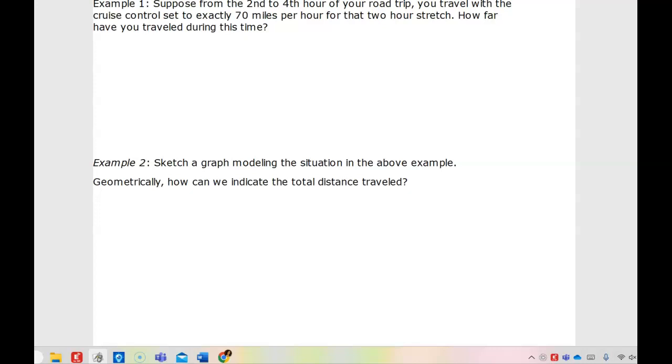If you think about your pathway, I don't know what I'm doing before I get to cruise control, but I know that at hour 2, I turn on my cruise control to 70.